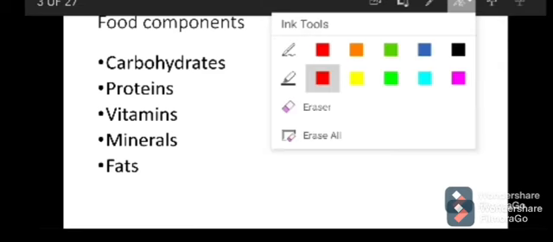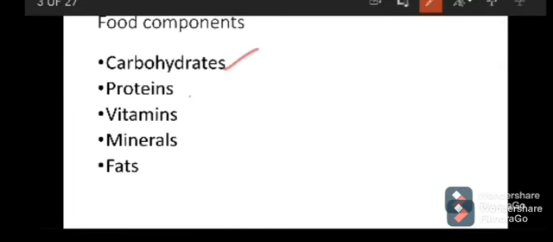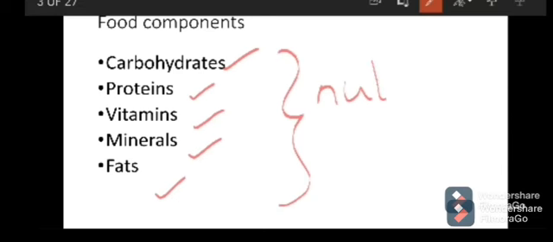For example, we have carbohydrates, proteins, vitamins, minerals, and fats. All these are considered nutrients. By consuming these nutrients, we get energy.